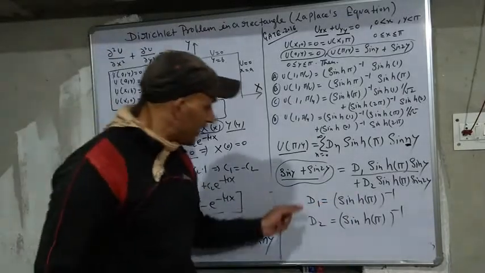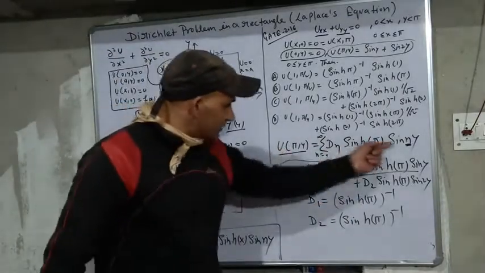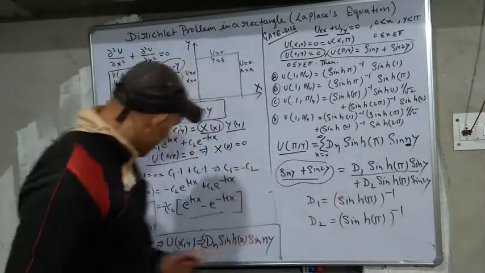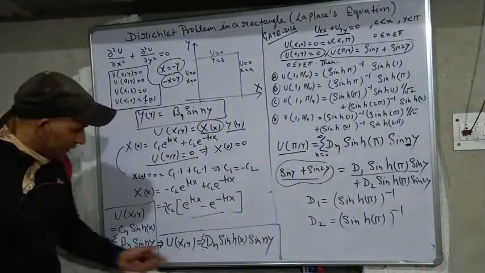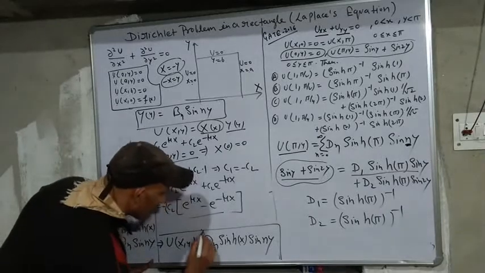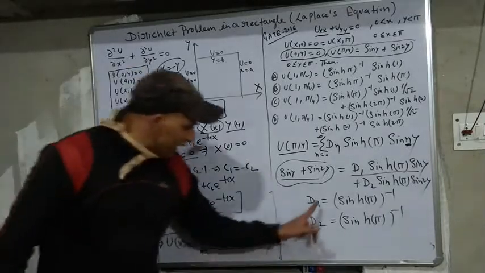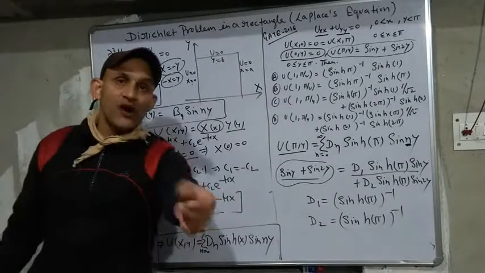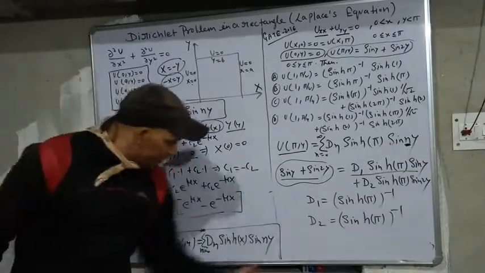If you put d1 and d2 here, with n going from 0 to infinite, the rest of all the values are 0, so you have to put only d1 and d2.